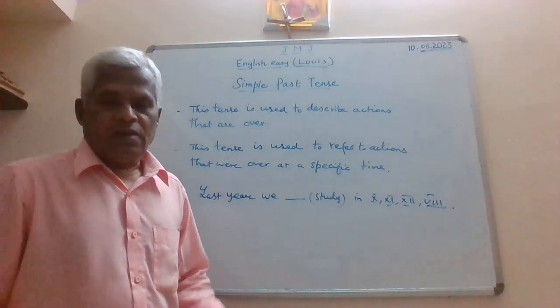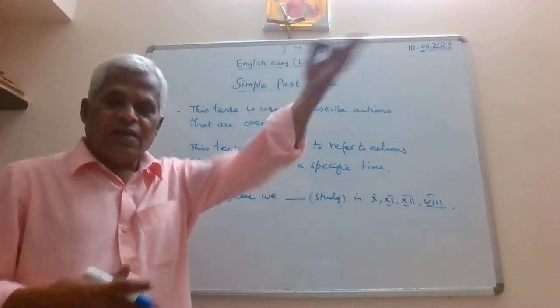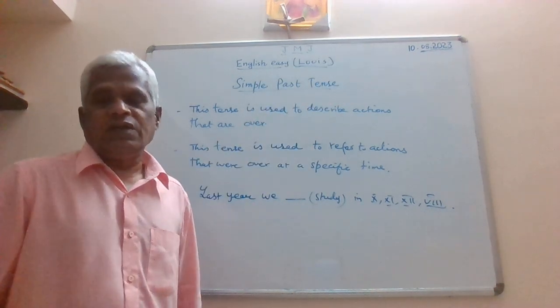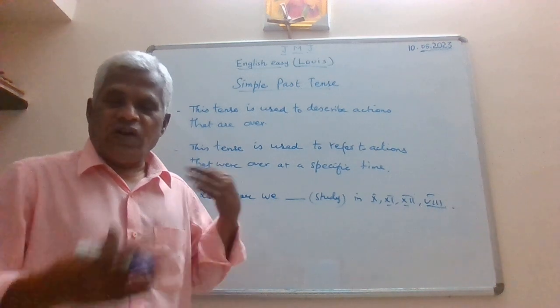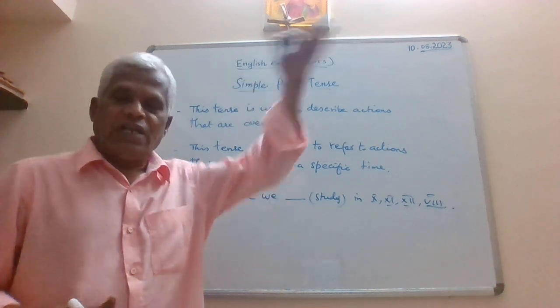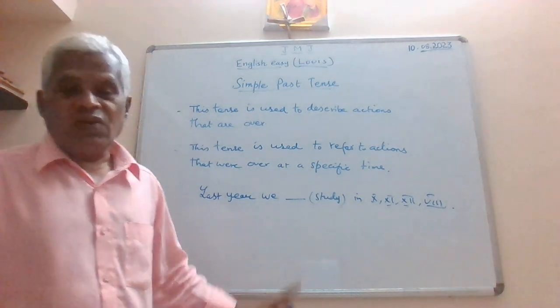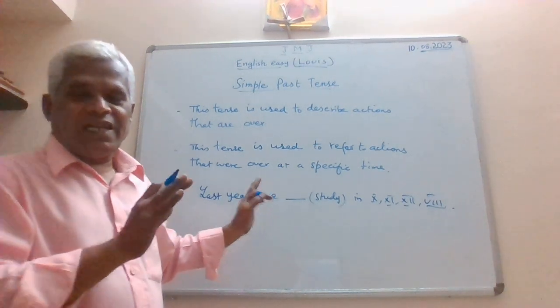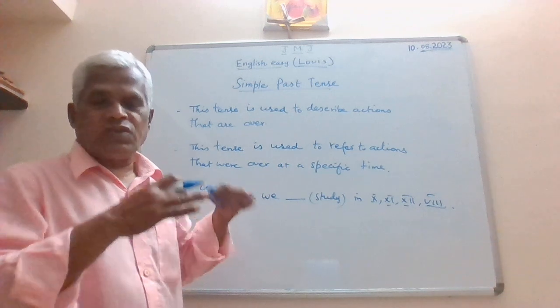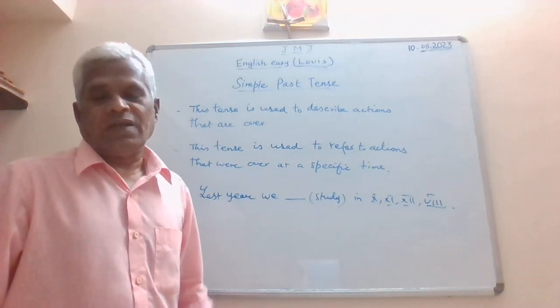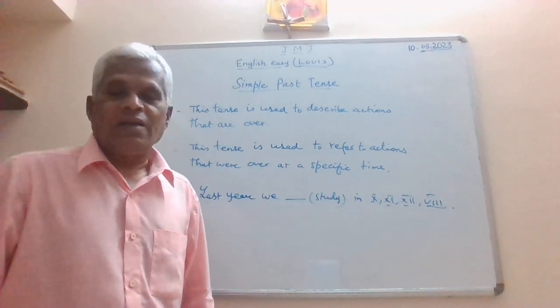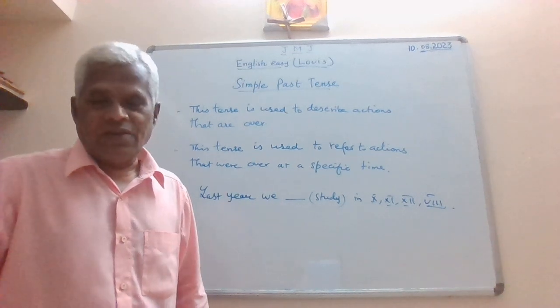If you are in 11th standard, what did you do last year? If you are in 12th standard, what did you study last year? So therefore, you can easily understand this is an action that was over, completed at a specific time in the past.